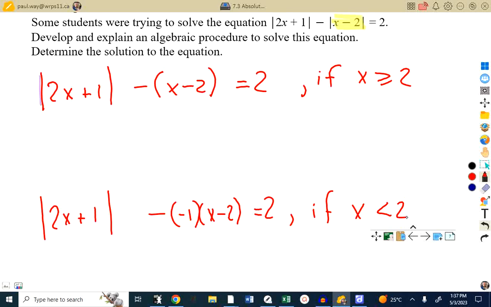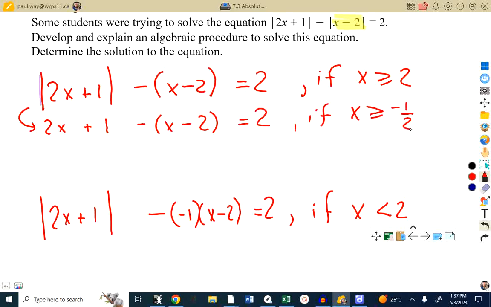Does that make sense? Okay. But this first equation becomes that.